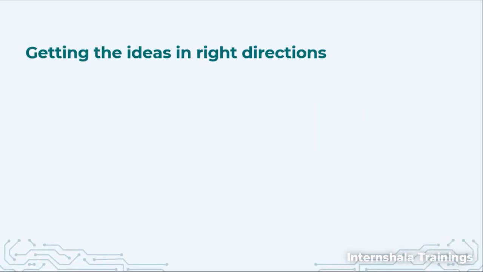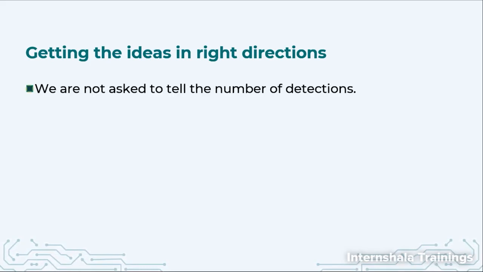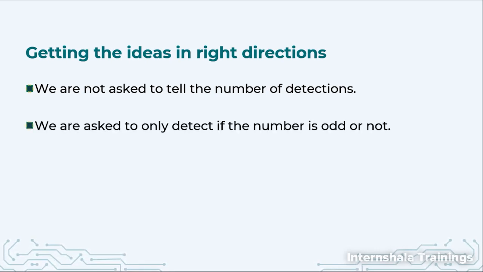So we said, okay, let us look at the logic. We are not asked to tell the number, that whether the number is 555 or 2020 or 1,003,025. We are not asked to count those. We are simply asked to detect if the number is odd or not.